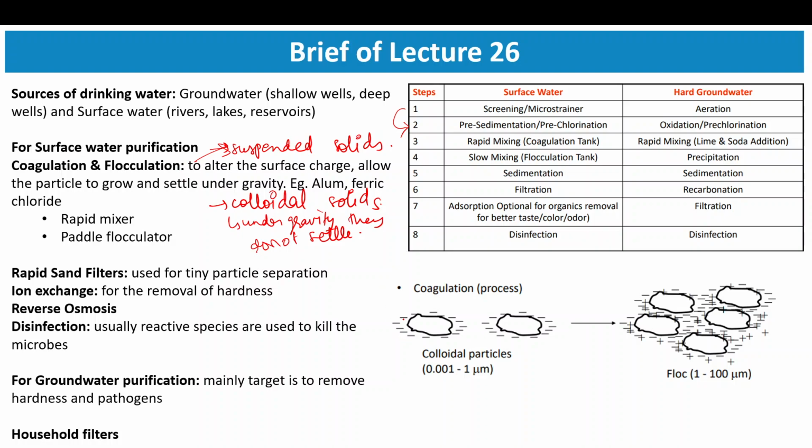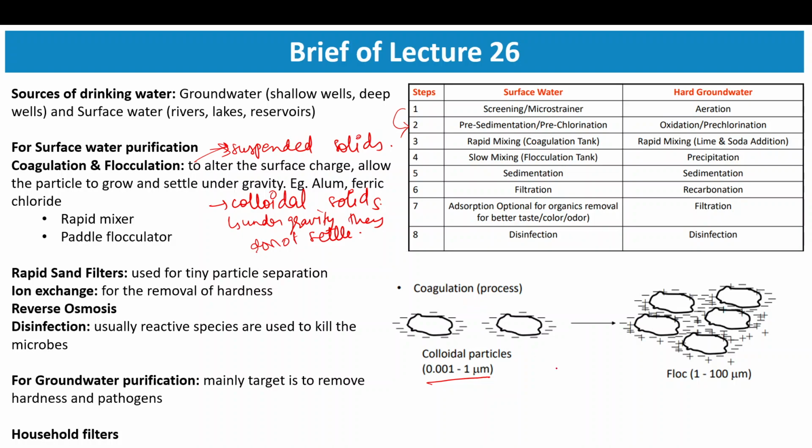If we look at the particles present in water, these colloidal particles are as small as 0.001 to 1 micron in size, and they are so small that they remain suspended in water and do not settle. Further, they are stabilized by charges.